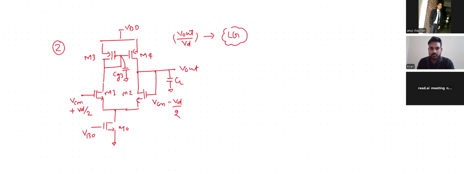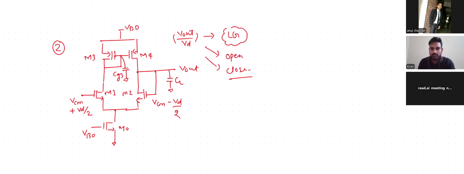Then the open loop gain, and the closed loop gain, all the terms: loop gain, open loop, and closed loop transfer function. I mean the complete frequency analysis of this, where poles and zeros are lying.